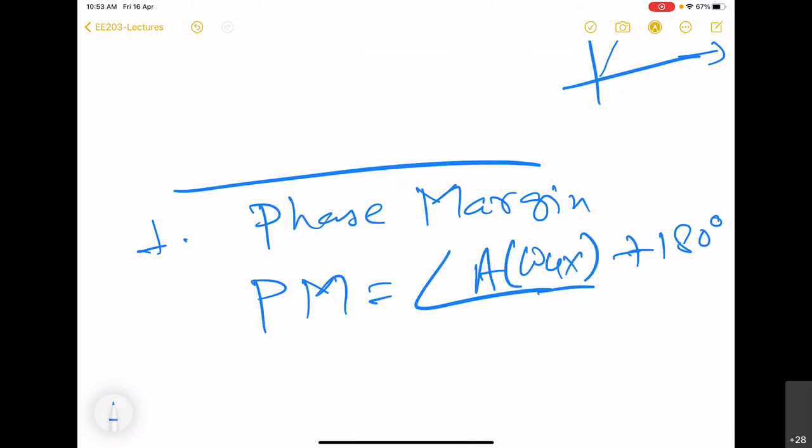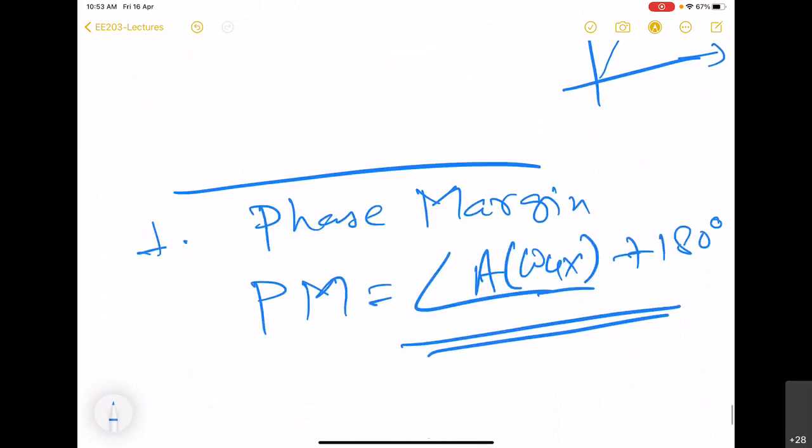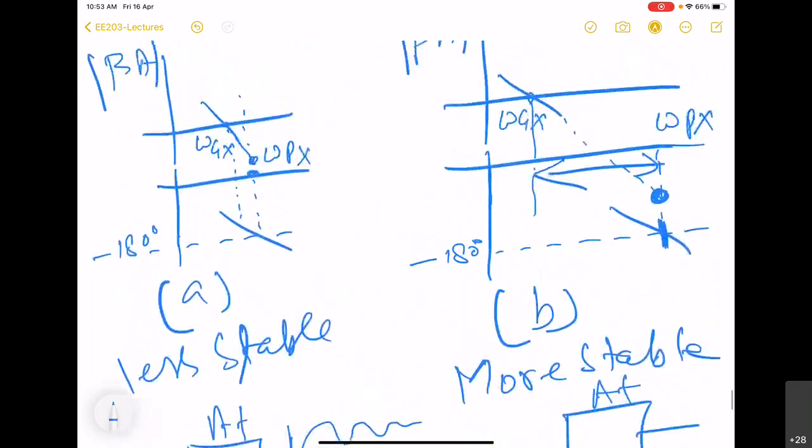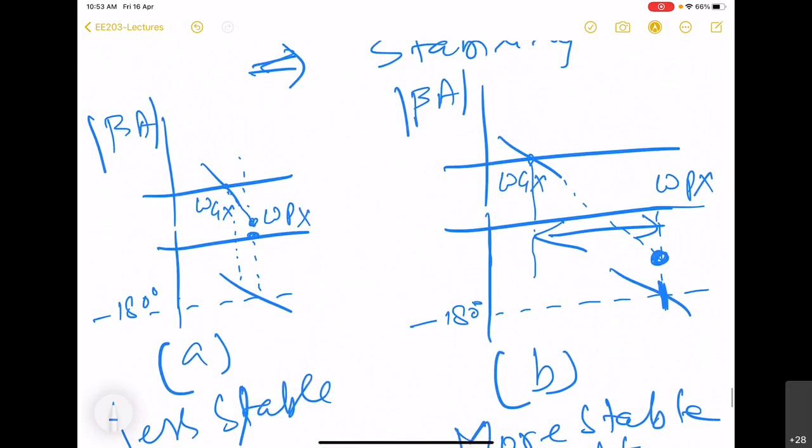Let us see what exactly this is going to be for the above two cases. We have to note down the gain crossover frequency, find the phase of the amplifier, and then add it to 180 degree. Because beta is real, the phase of beta is the same as the phase of A, so we can say this is the phase of A, although it is actually beta A. We have to find the phase at the gain crossover point, which is a certain negative value.